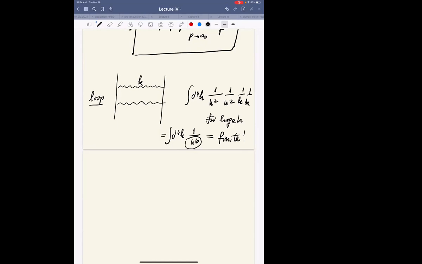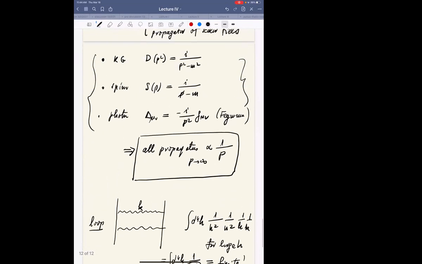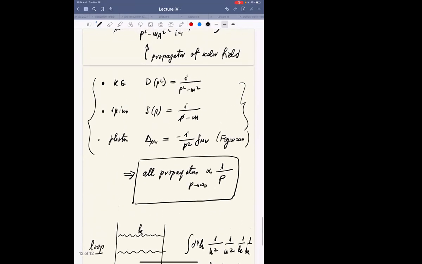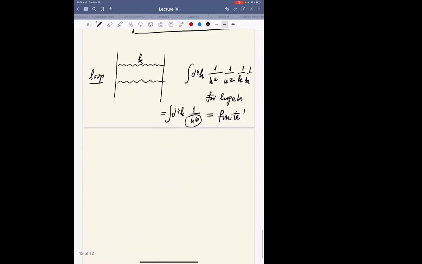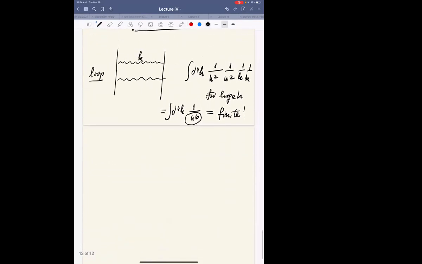This leads to renormalizability. This is the reason why the theories of nature that we like are renormalizable. Or even a scalar theory would be renormalizable. And the reason is that the propagators have nice behavior. They vanish when momentum goes to infinity. Otherwise, I mean, just to understand, so this is with a photon.